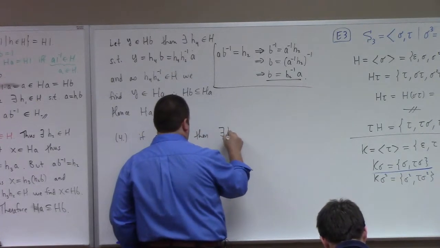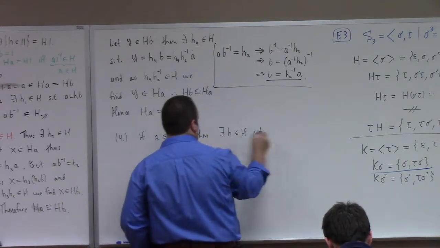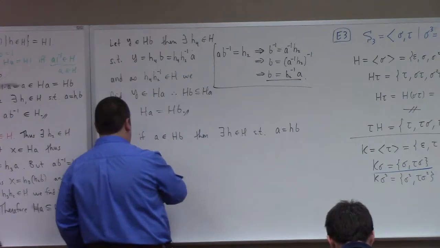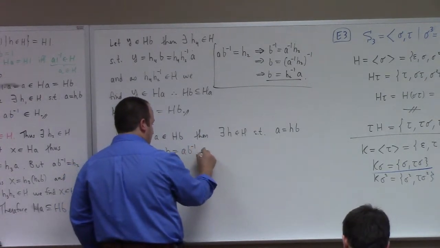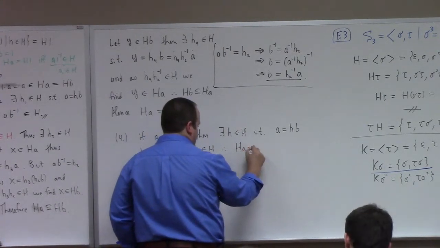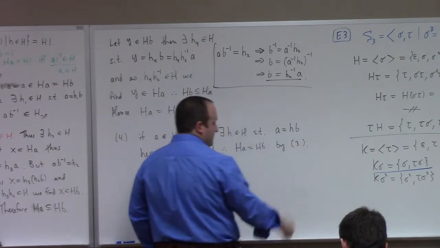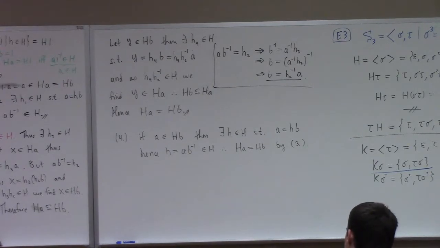Then there exists H in H such that A is equal to HB, hence H is equal to AB inverse, which is an element of H, therefore HA is equal to HB by 3.